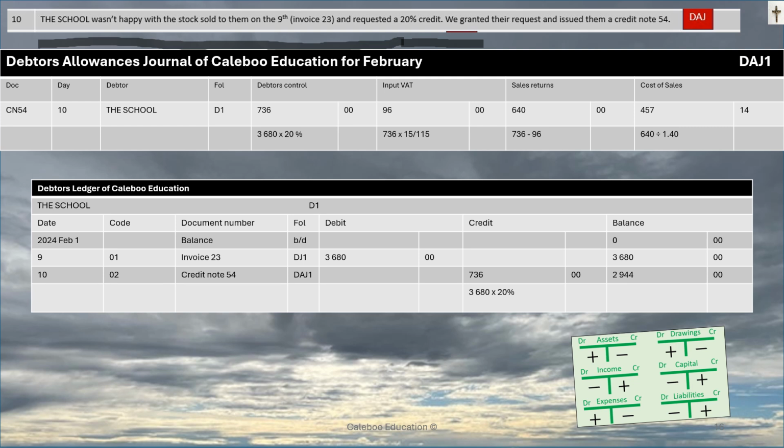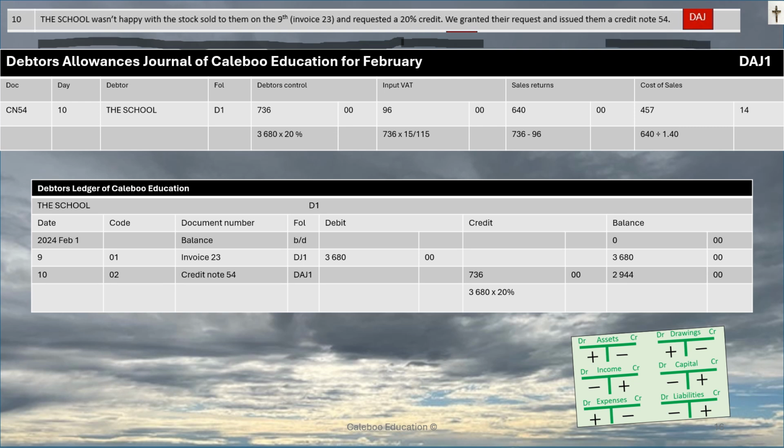So the school informed us that they weren't happy with the stock that has just been sold to them, and they sent us a debit note. Now what happens is Caleboo Education investigates their claim, and in this case they accept their claim by issuing a credit note.